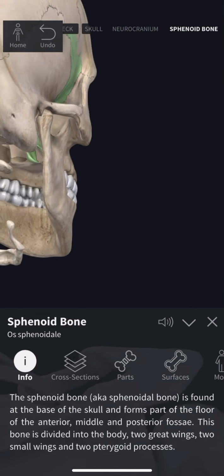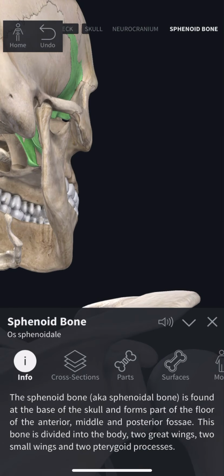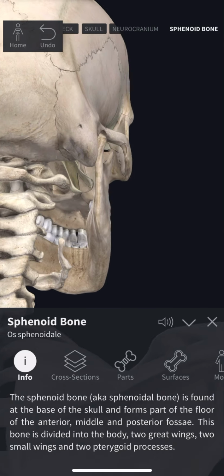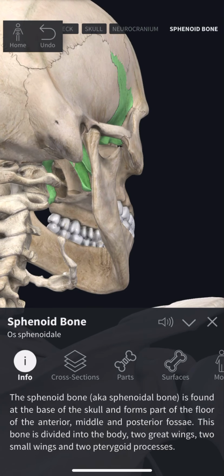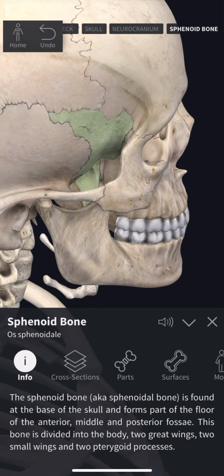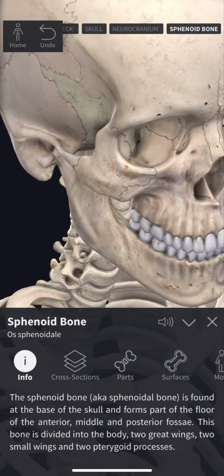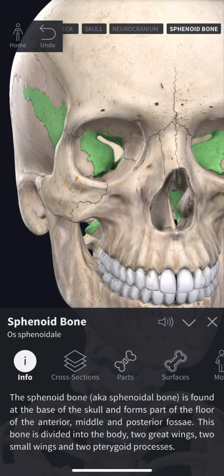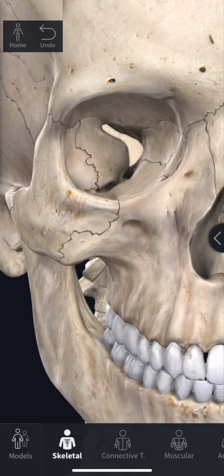We have discussed it in many regions. Its plates, you can see the medial and lateral pterygoid plates highlighted green. You are seeing its greater wing here from the external aspect also, and you will see it forming the part near the apex of the orbit also. So these are by far the bones that are forming the orbit.